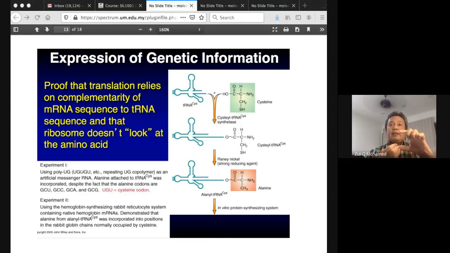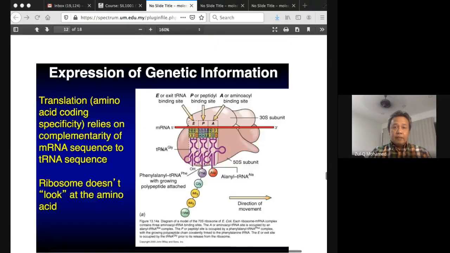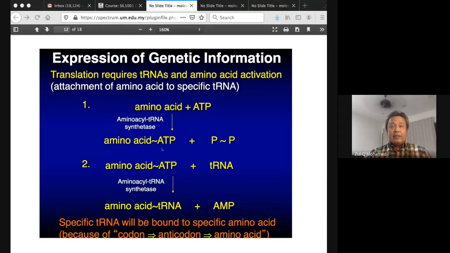They found that in the product of translation, all the cysteines had been replaced with alanine, because the translation system doesn't check the amino acid. So it's very important that the function of this aminoacyl tRNA synthetase, which matches the correct tRNA to the correct amino acid, has to be tip-top. There cannot be problems here. All right.